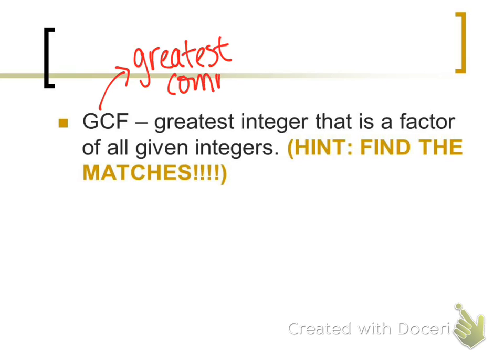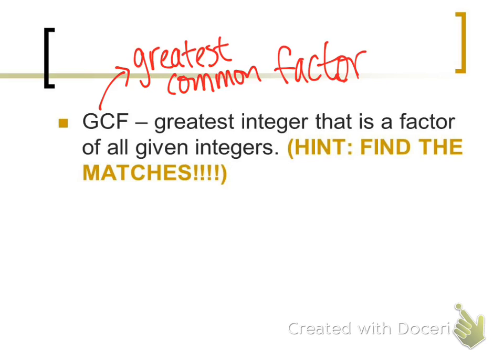Oh, good. Greatest common factor. It is the greatest or biggest integer that is a factor of all given integers. So you can have the GCF of 2 numbers. You could have the GCF of 3 numbers. You could even find the GCF of 10 numbers if they gave you 10 numbers.